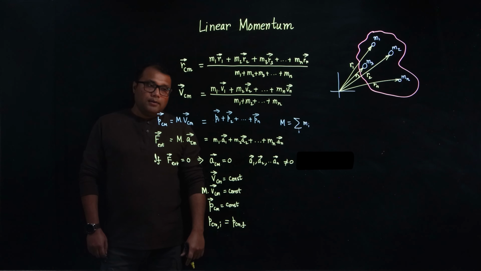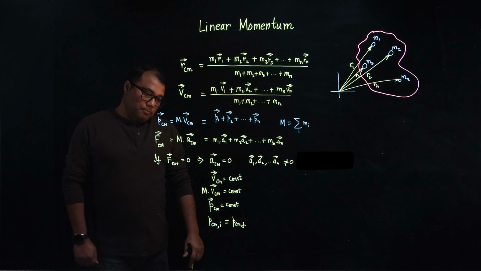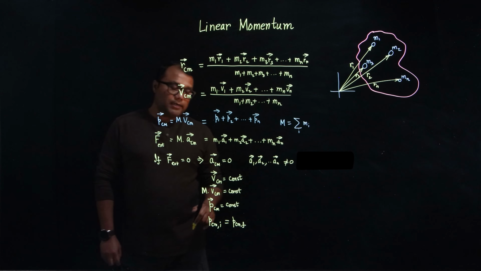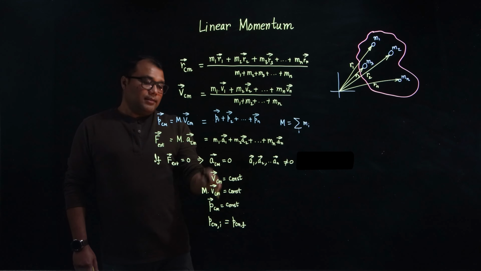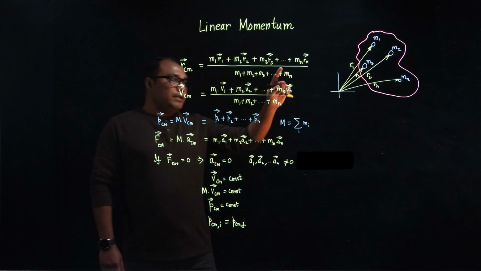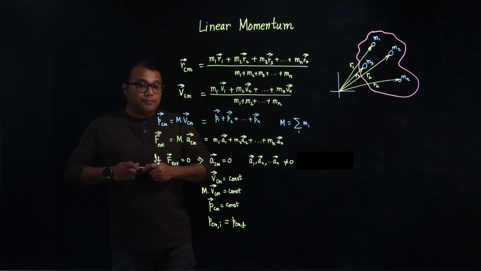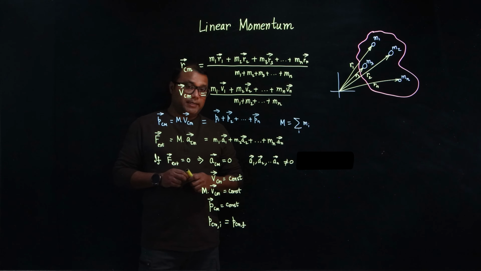Okay, so that is again the law of conservation of momentum, but this explains it a lot better because this shows us that when we say there is no external force acting on a system, it means the momentum of the center of mass is a constant.